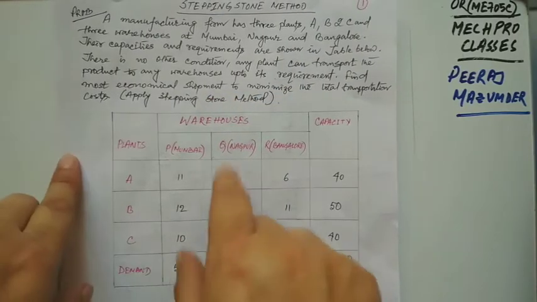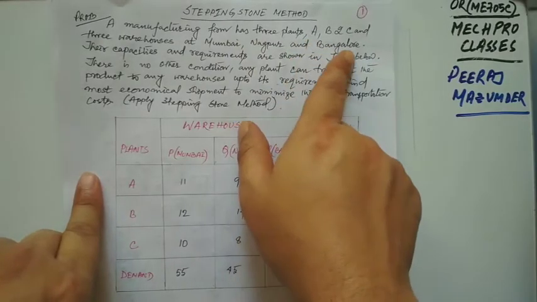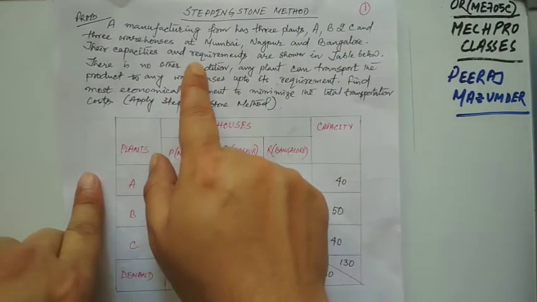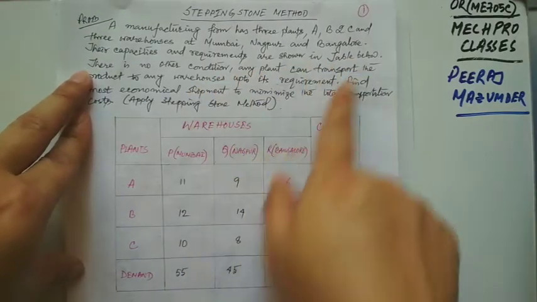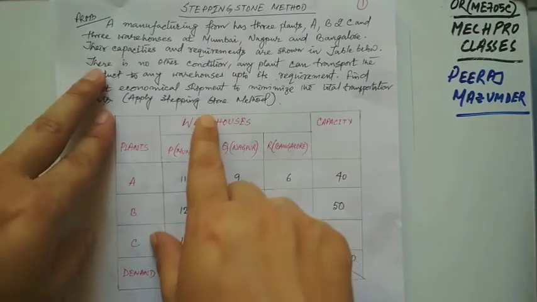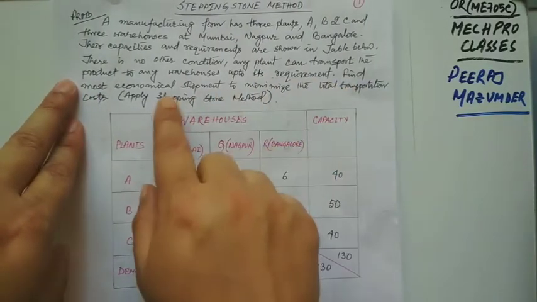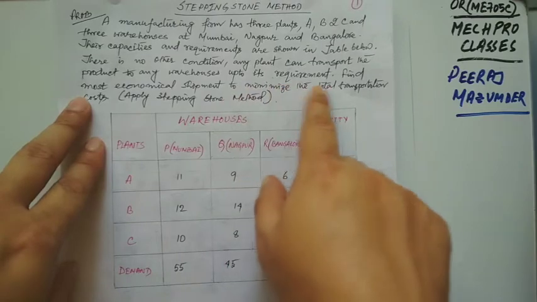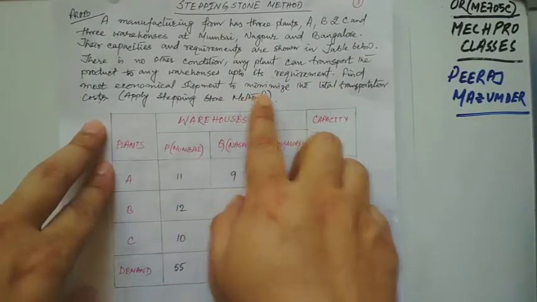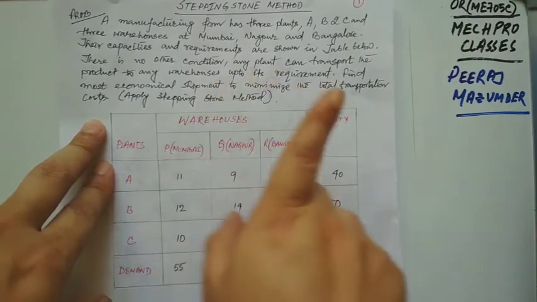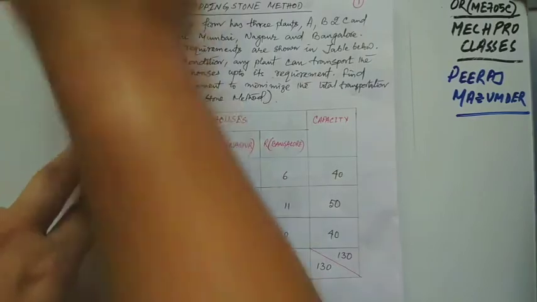So this problem says a manufacturing firm has 3 plants A, B and C and 3 warehouses at Mumbai, Nagpur and Bangalore. Their capacities and requirements are shown in the table below. There is no other condition. Any plant can transport the product to any warehouse up to its requirement. Next, we have to find the most economical shipment to minimize the total transportation cost. They have specially asked to apply the stepping stone method.